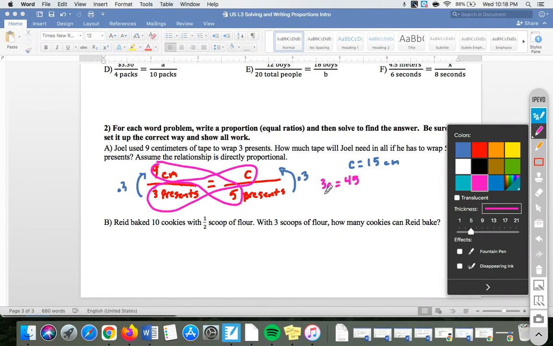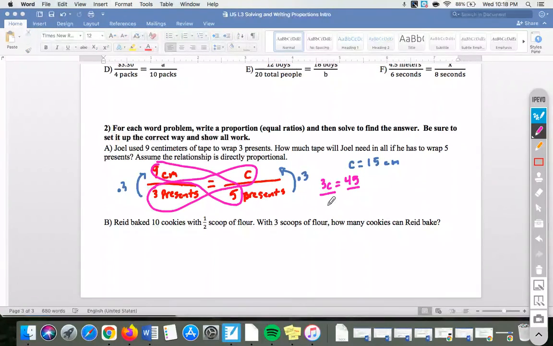Then I want to solve by doing the opposite of multiplying by 3, which is to divide. So I'm going to be dividing both sides by 3. When I do that, I get C on the left side, and 45 divided by 3 is going to give me 15 again.